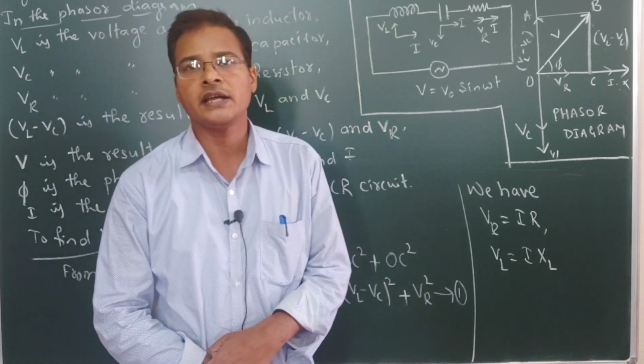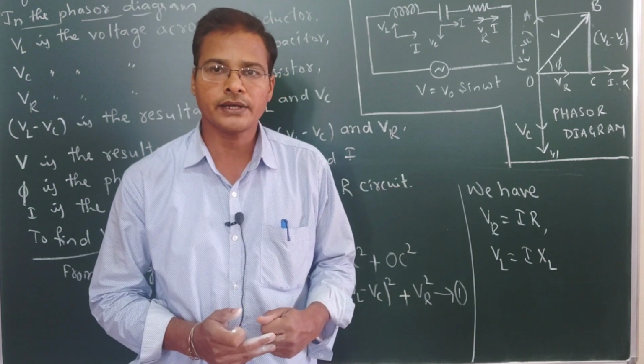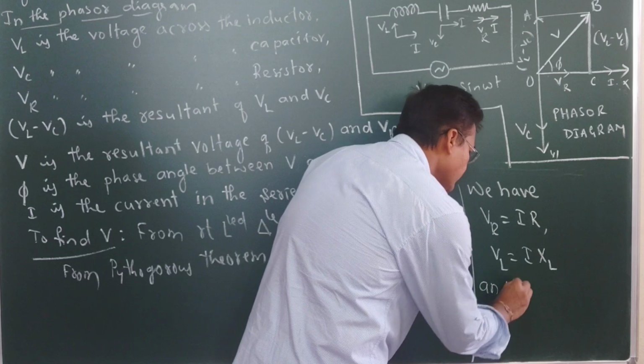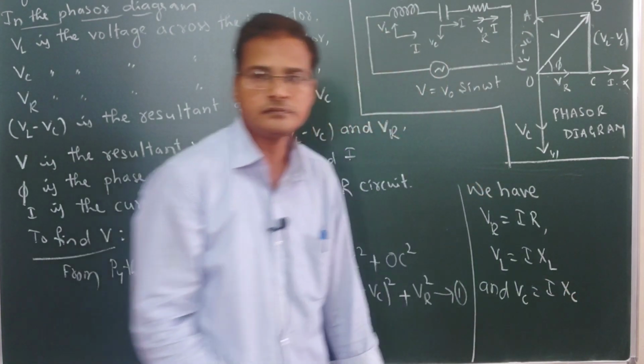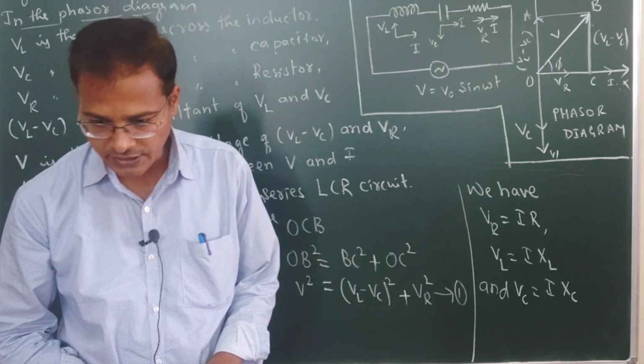XL is called the inductive reactance. Similarly, VC equals I into XC.